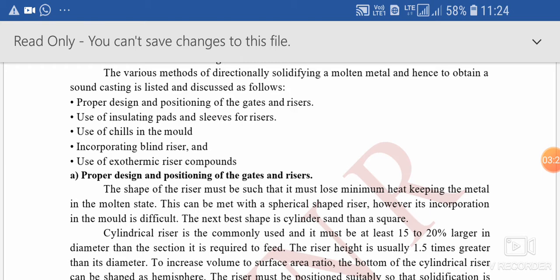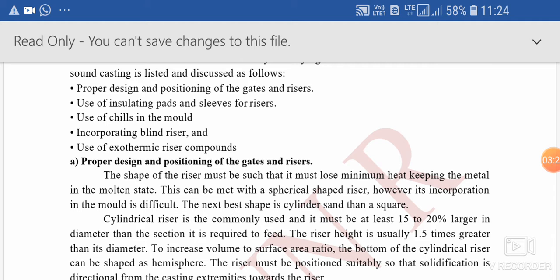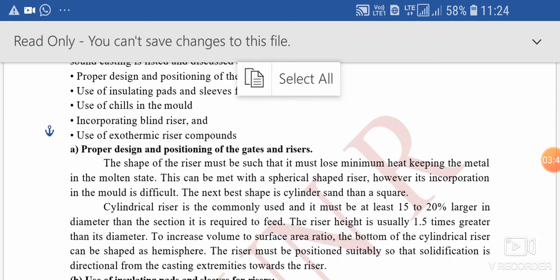Second, use of insulating pads and sleeves for risers. Third, use of chills in the mold. Fourth, incorporating blind risers, and the last one, use of exothermic riser compounds.